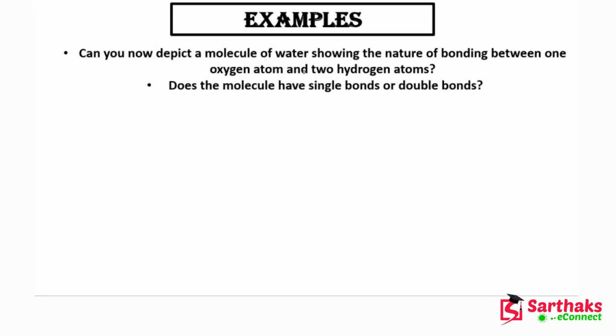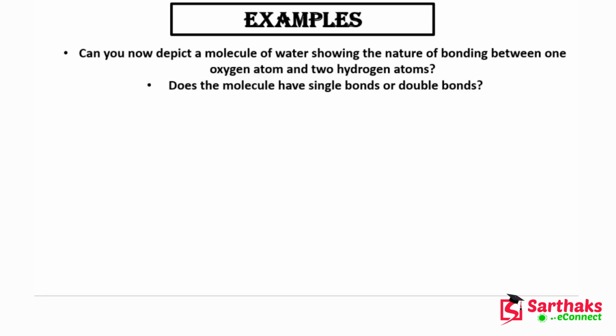In this question, it is said: can you now depict a molecule of water showing the nature of bonding between one oxygen atom and two hydrogen atoms? So basically in this question they want us to draw the electron dot structure of a water molecule.